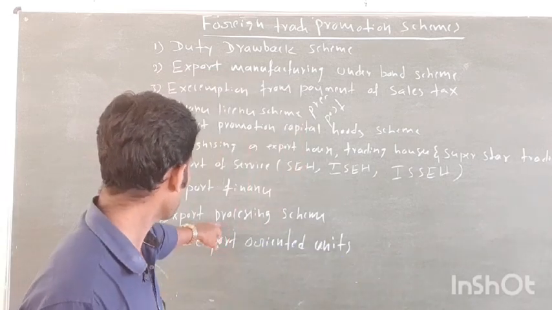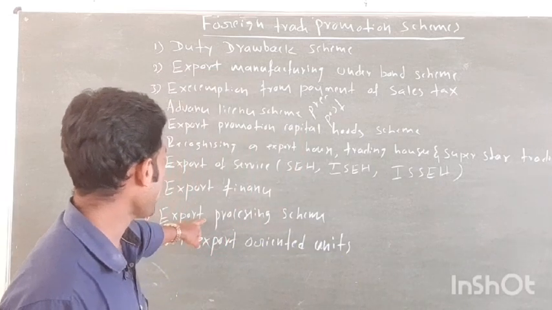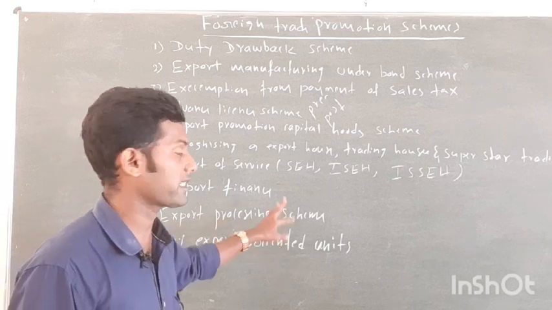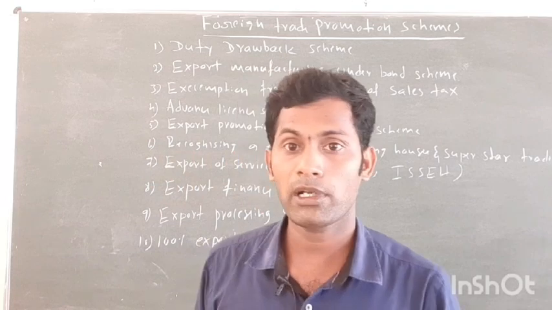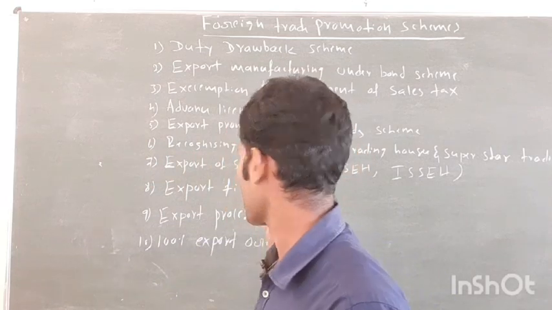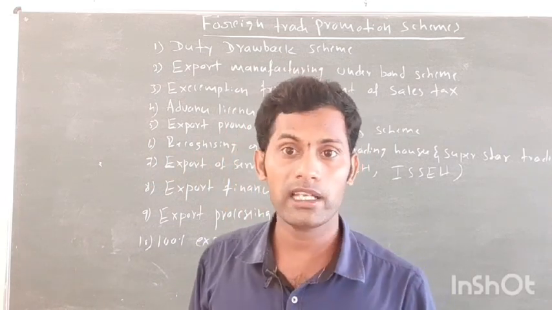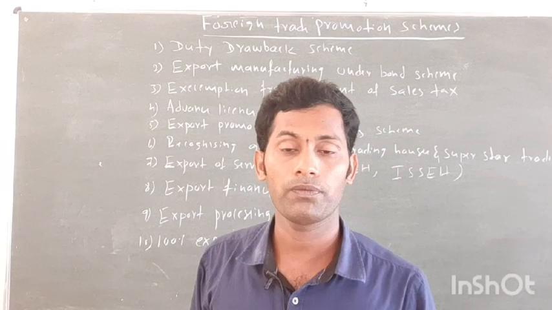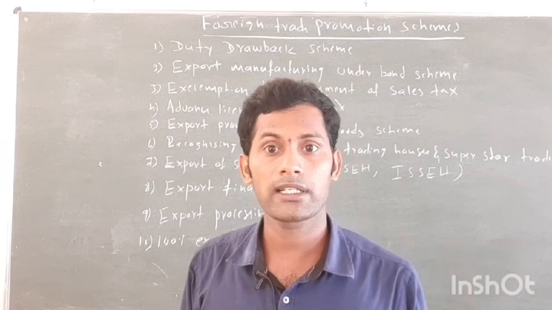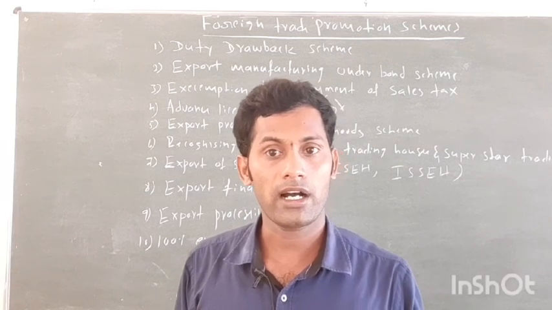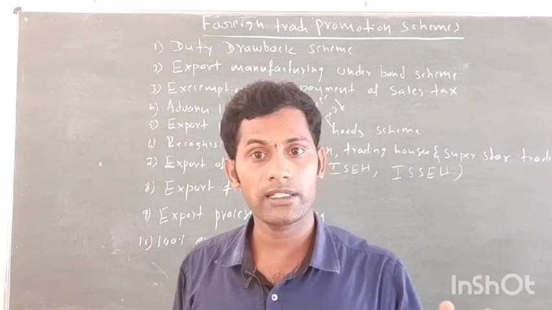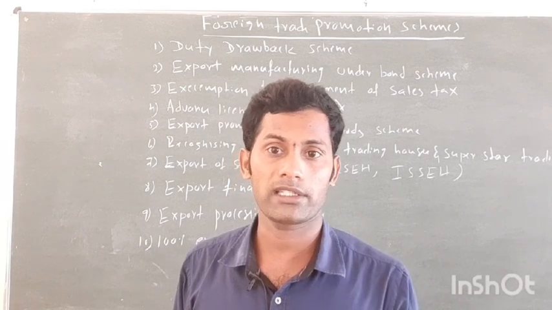Now, the ninth one, export processing scheme or zone. We have the EPZ, export processing zone or export processing scheme. Under this scheme, in this zone, we are producing internationally competitive products, quality wise as well as product wise and price wise.